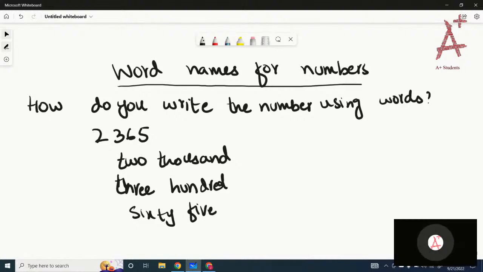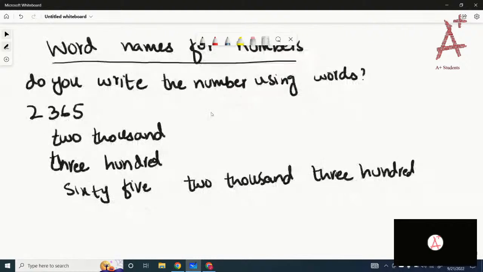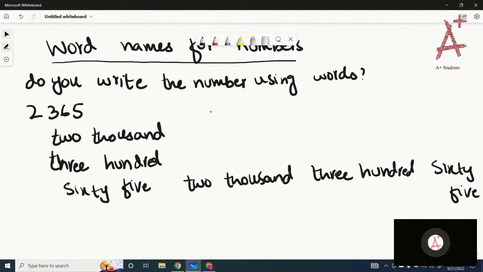So you can write 2365 as two thousand three hundred sixty-five. Got it? Okay, let's do another example.